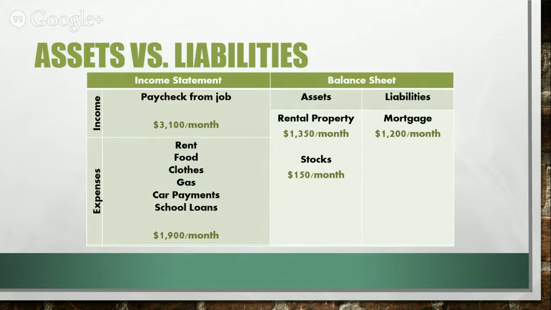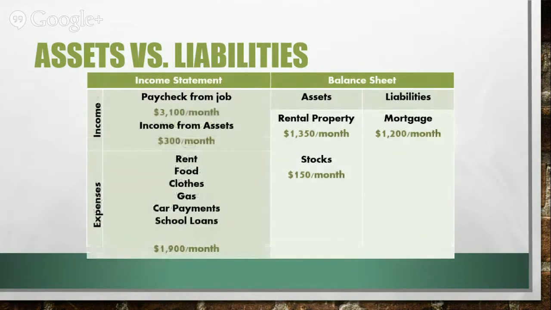When you do the math, $1,350 minus $1,200, that's how I got $150. Let's say this person also invested in stocks, and on a monthly basis, the stocks are earning him a passive income of about $150 a month. So now when you do the math between the $150 that this person makes in the rental property and the $150 that this person makes in the stocks, he now has an income from assets that adds up to $300 a month.